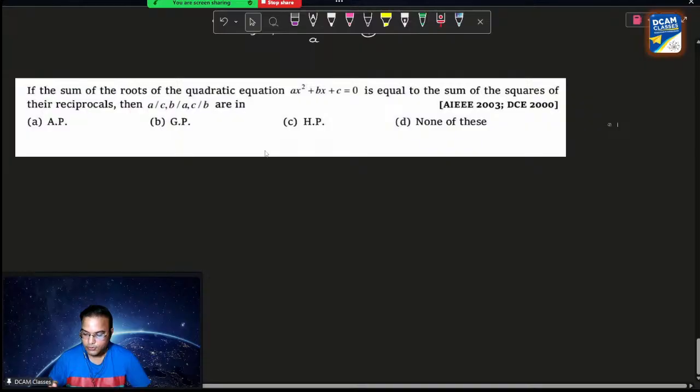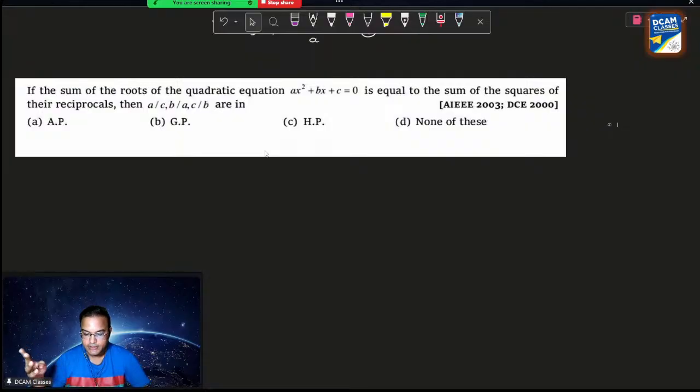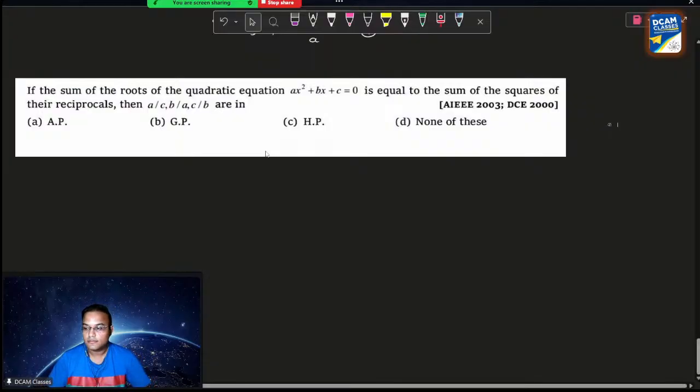Geometric progression. Okay, let me check. No, they are saying it's HP, harmonic progression. Yes, I'm waiting.